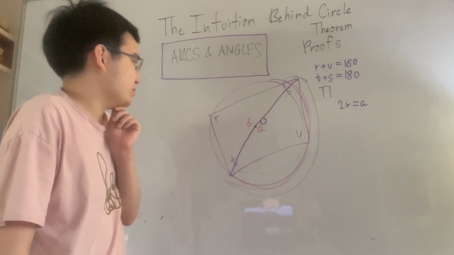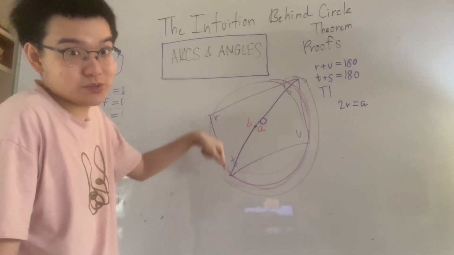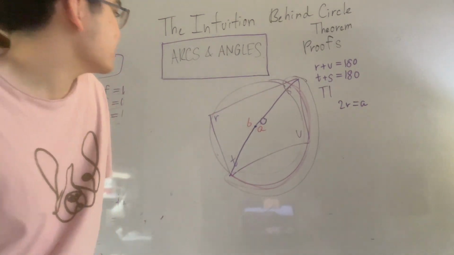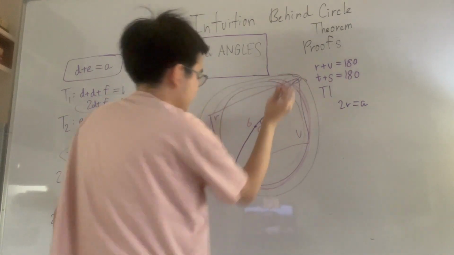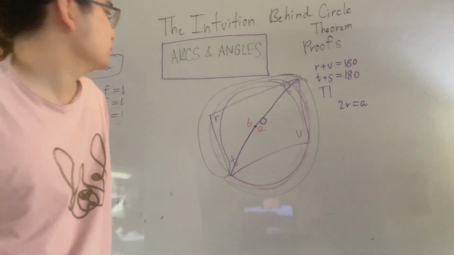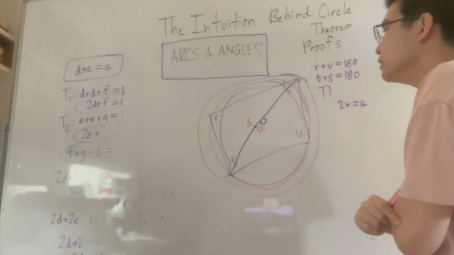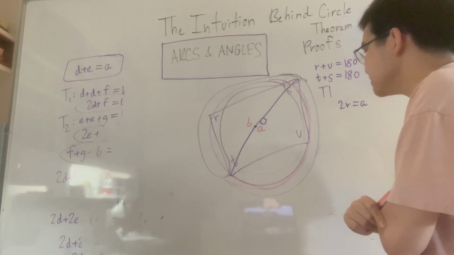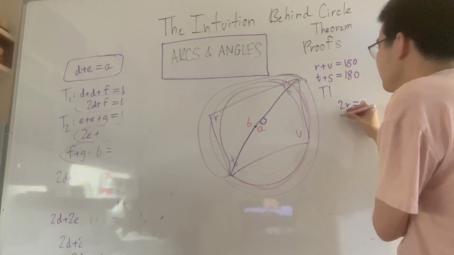And if I were to do that for the opposite side of the circle, using the remaining length of the circle, this here, angle B, yes, angle B is double angle U. So B equals 2U.